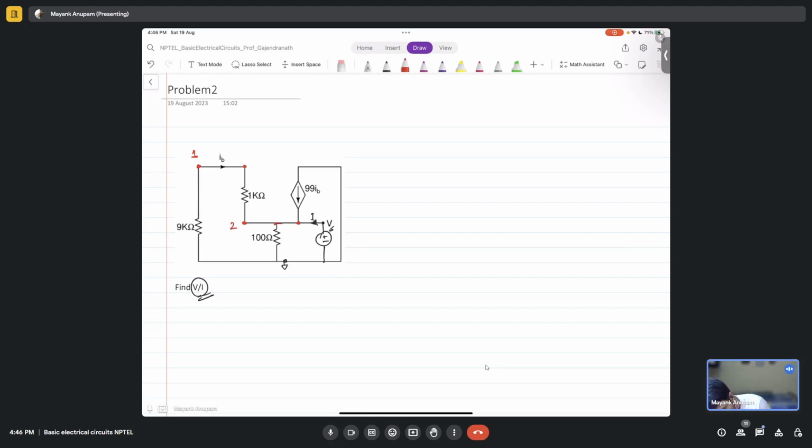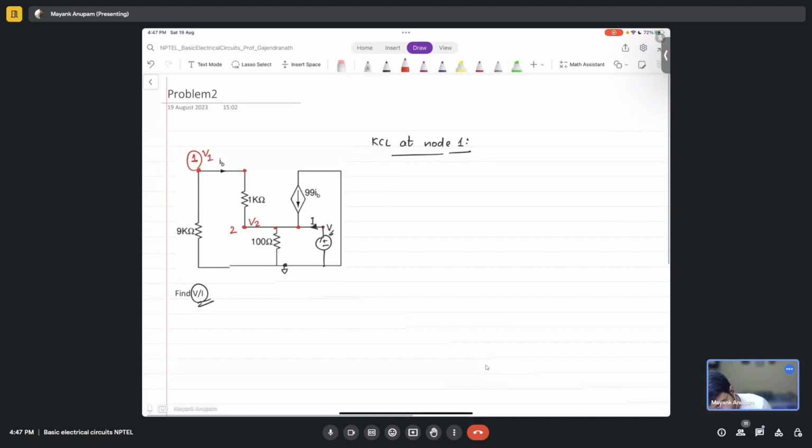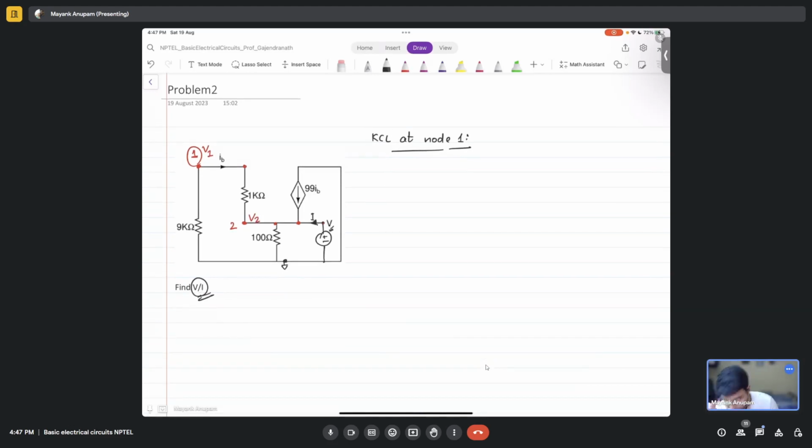This is the same node 2 only, right? Correct. Now tell me, what will be the KCL equation at node 1? Let's call node 1 voltage V1, and node 2 voltage V2.